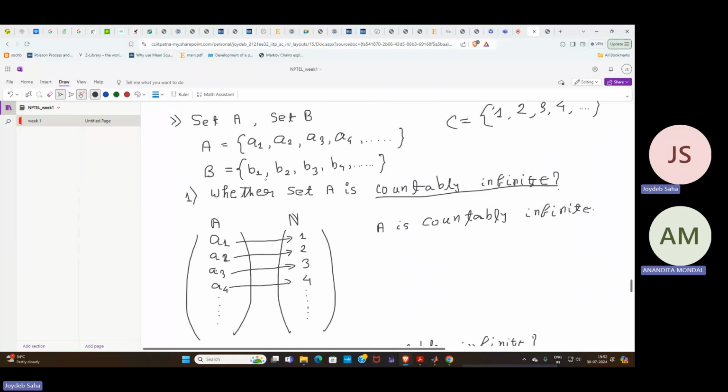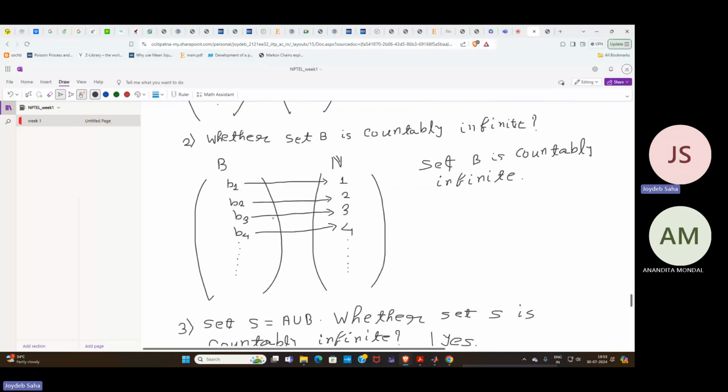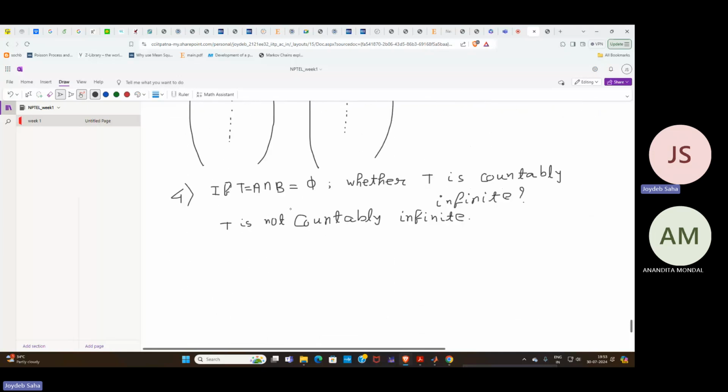But what about their intersection? It depends on the condition. Here we are saying that if A intersection B is phi, and phi indicates a set with no elements, then it is not countably infinite.